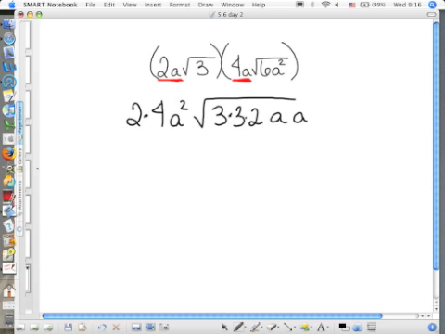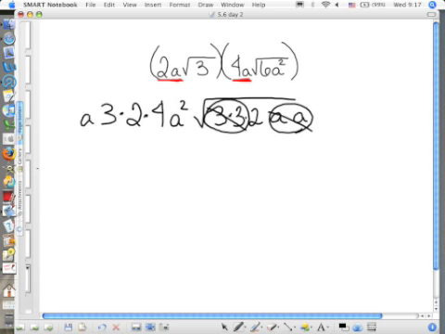Outside stuff together, inside stuff together, and we still need to break down or simplify what's under the radical. This is a square root, so I'm looking for pairs, correct? What can I remove? I have a pair of 3's that I can take out. What else can I take out? I have 1 pair, so I can take 1 more a out.